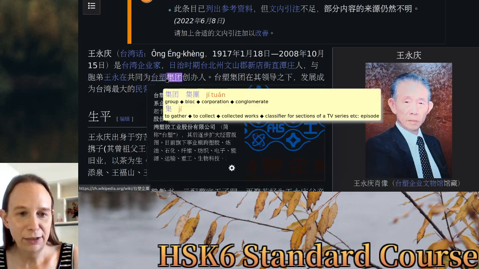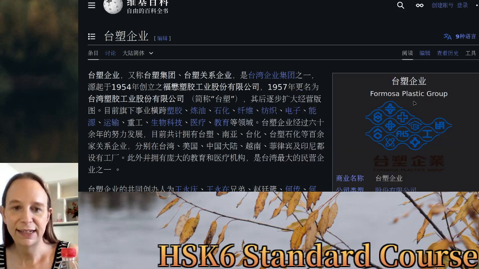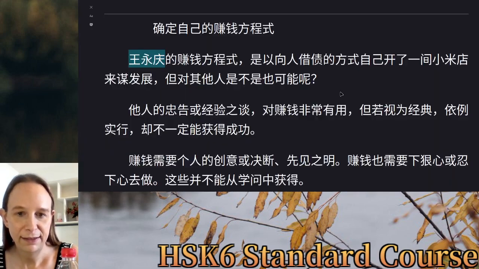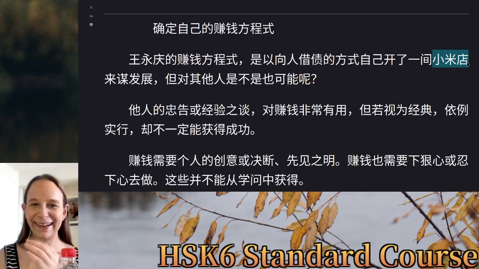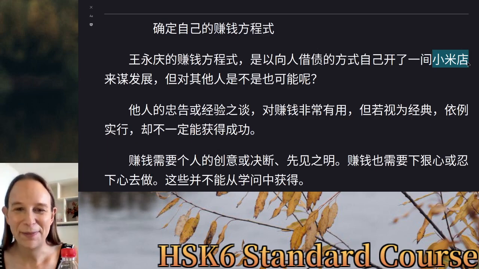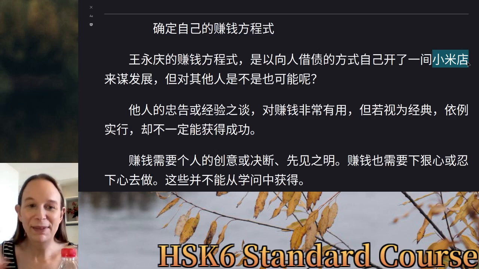Okay, 台塑集团, so this is the company he founded. Formosa Plastic Group. All right. So Xiaomi. Oh, okay, hold on. Xiaomi may also be the grain. There's two of them, isn't there? Xiaomi, the mobile phone brand, and Xiaomi, like the little grain millet in English.